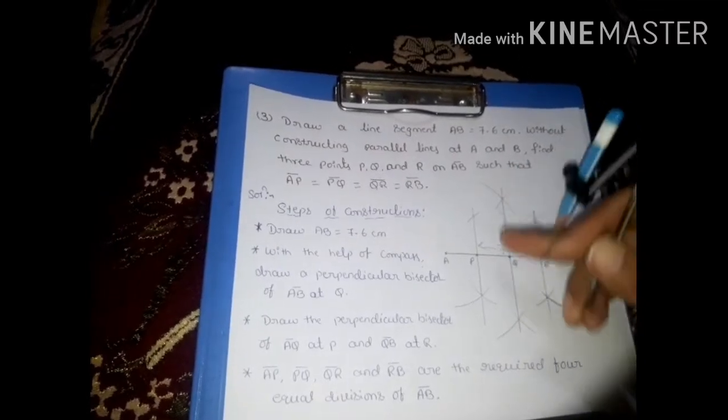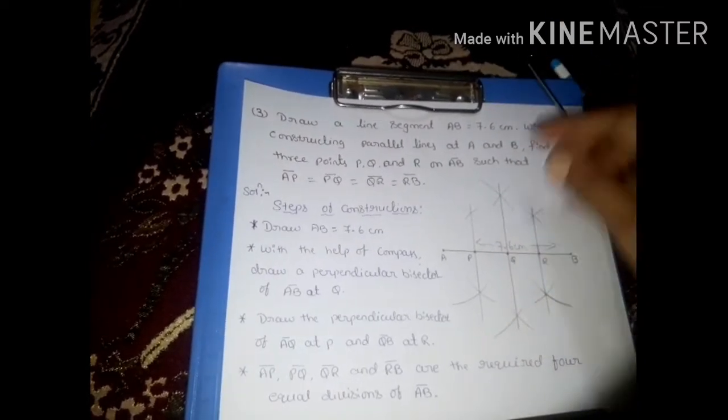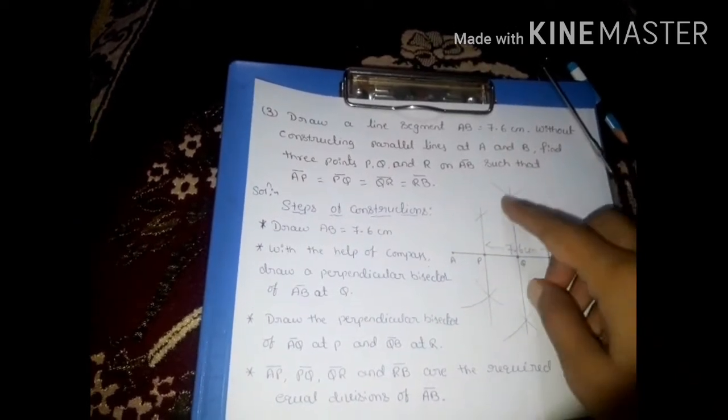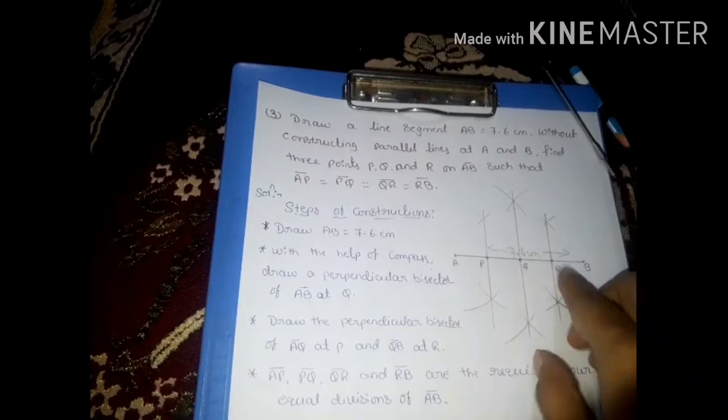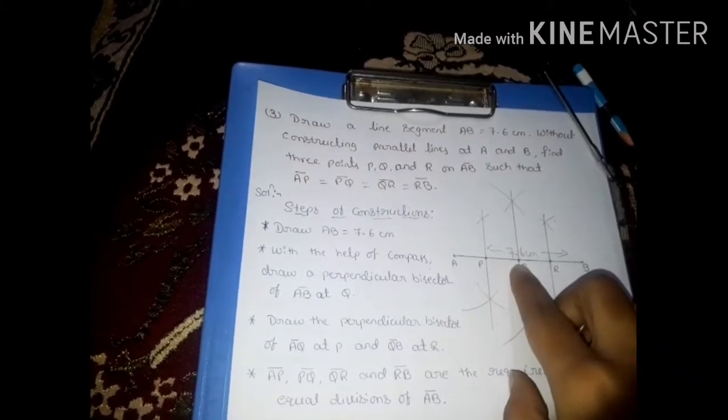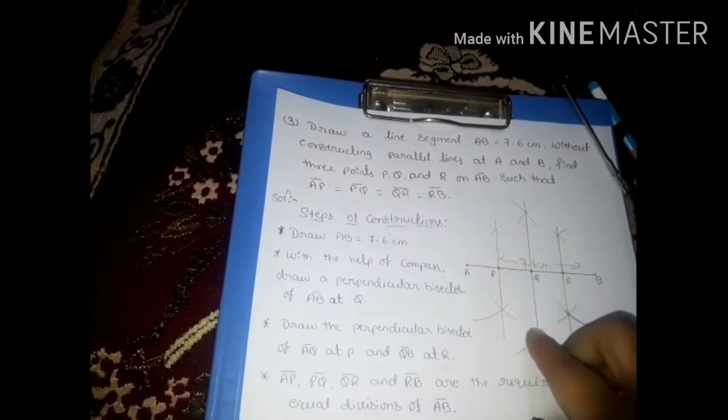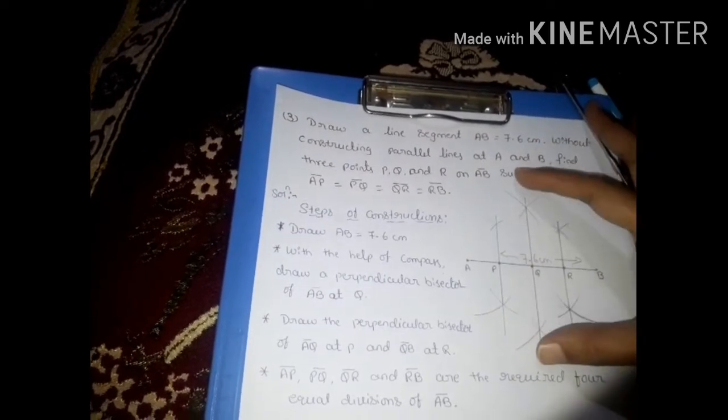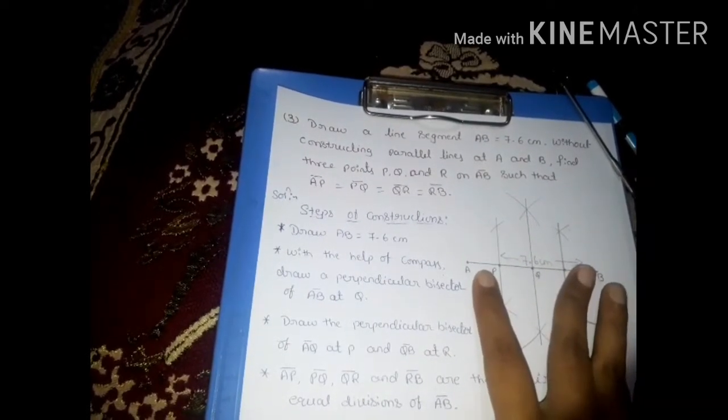Where these two arcs meet, by using a scale you have to draw a line. The line will meet the line AB at point Q. This line is a perpendicular bisector. A perpendicular bisector is a line which makes 90 degrees and also divides a given line into 2 equal parts.